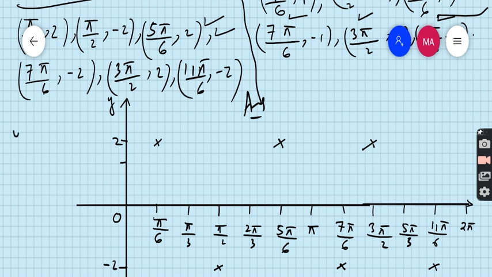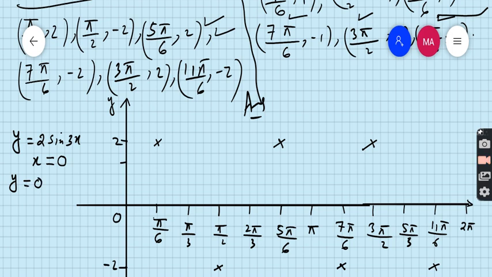Students, our equation is y equals 2 sine 3x. So first we have to find the value of y when x equals 0. With the help of a calculator you will find 2 sine 3 into 0. 3 into 0 is 0 and sine 0 is 0. So y equals 0.